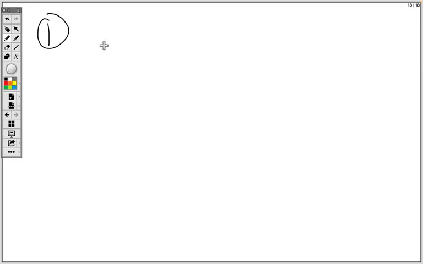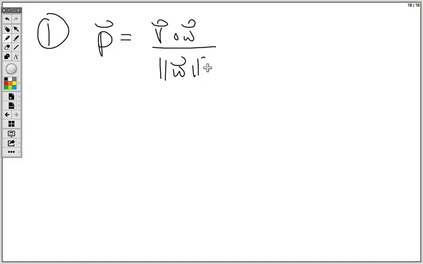So that's formula 1. V dot W over the magnitude of W squared times W.